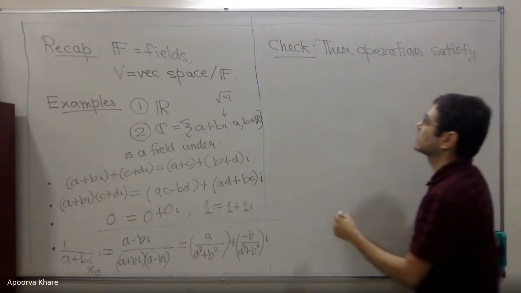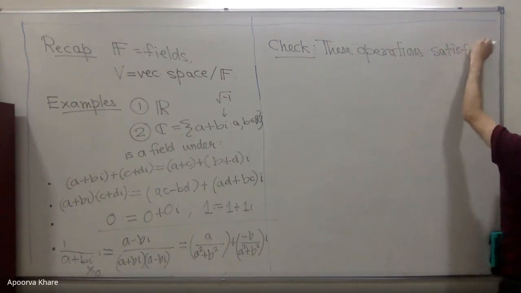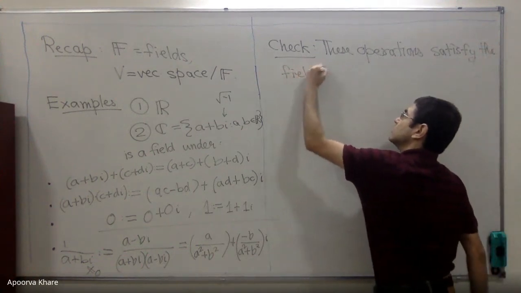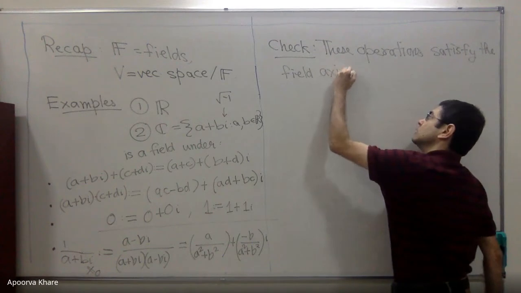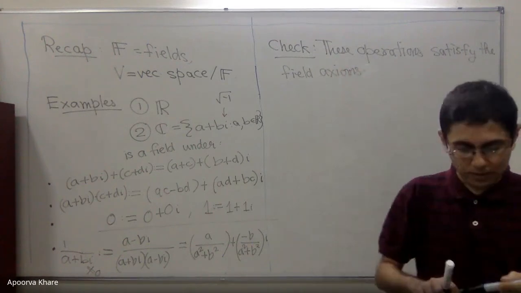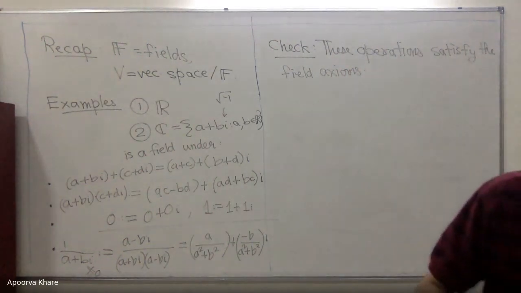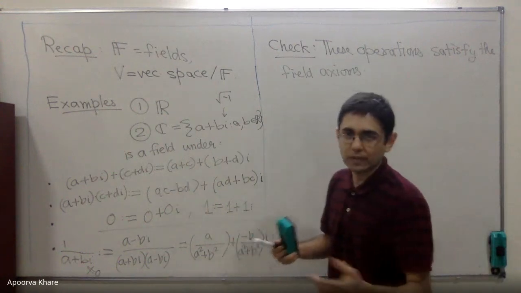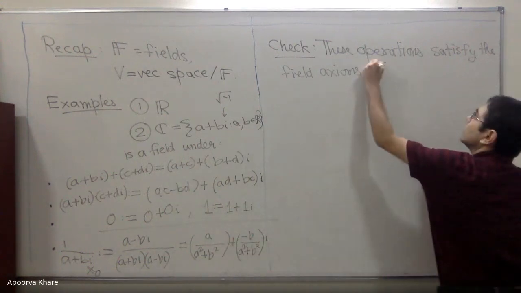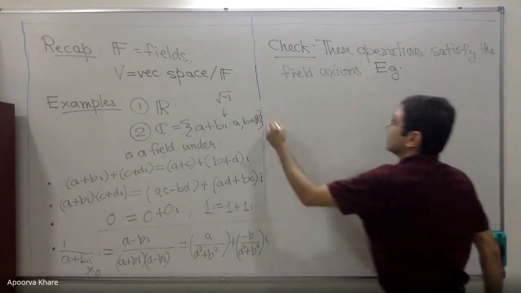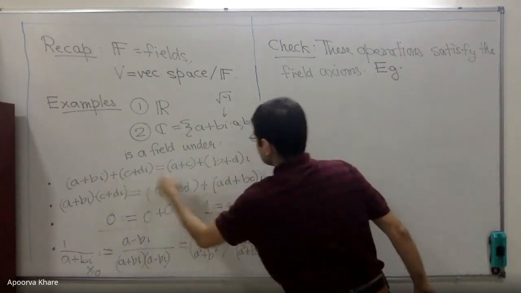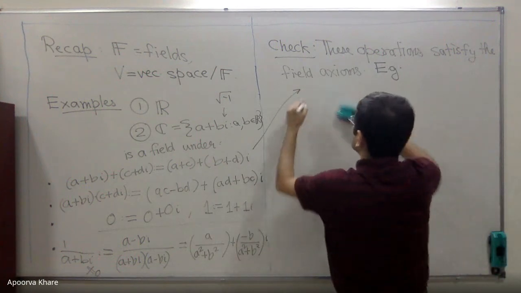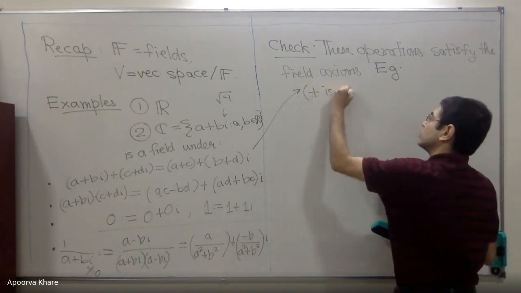Check that these operations satisfy the field axioms. So how do you check that? One way is to go from scratch. Let's look at addition being commutative as an example.